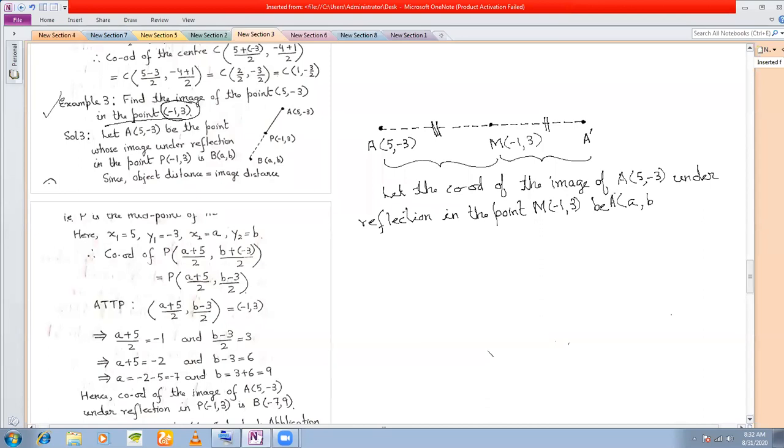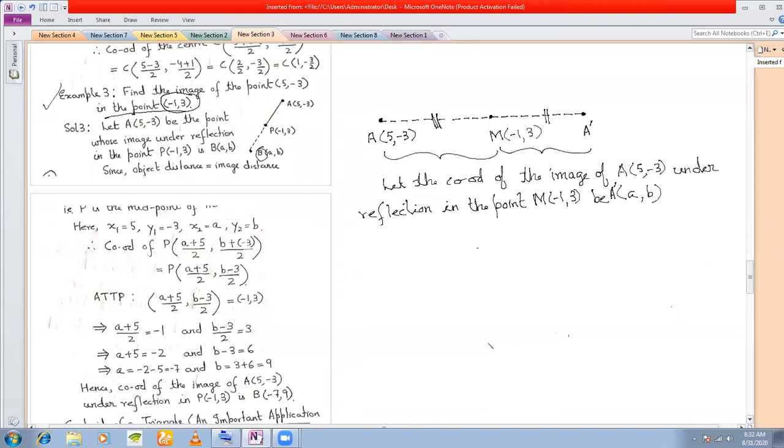Let's take this point A dashed as AB. Now in the solved one I have taken B here and I have taken A dashed here, so that's okay. So what happens here is that M is the midpoint of the line segment A A dashed.